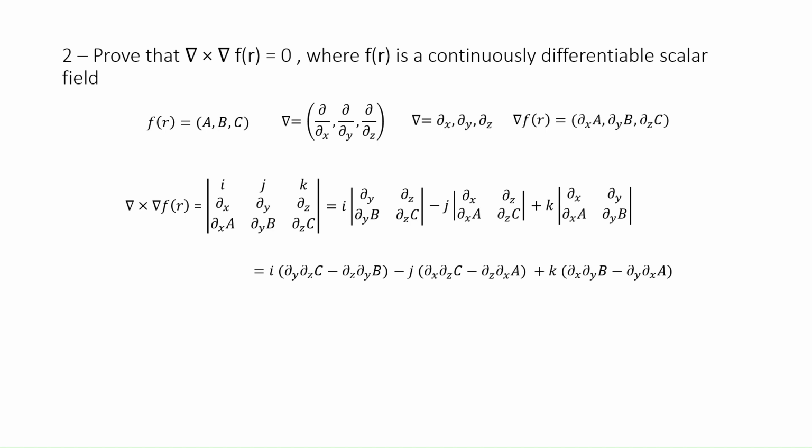Because it's a continuously differentiable scalar field, those are equivalent, so they cancel. And you get, once again, 0i minus 0j plus 0k, and this equals 0. So here we have our answer, del cross del fr equals 0.